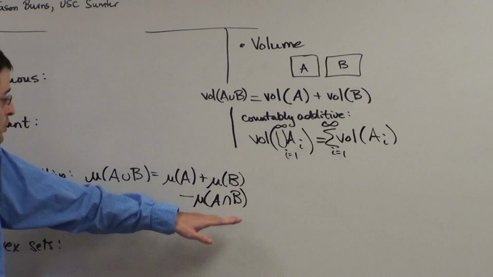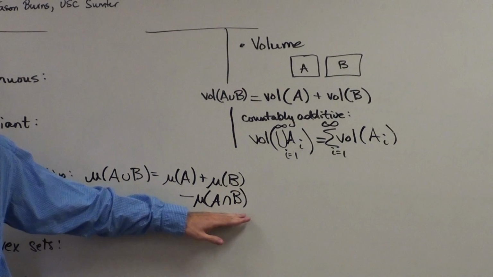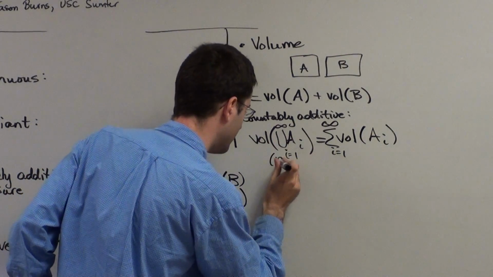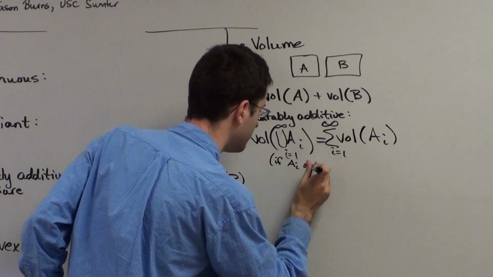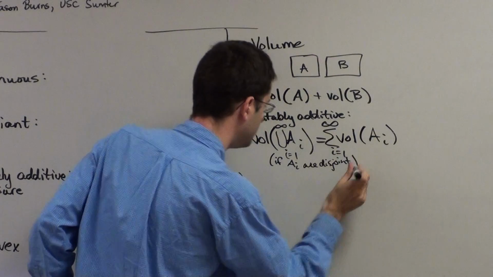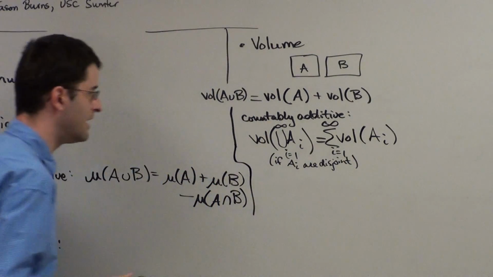And for this, because we really don't want to have to worry about overlap for infinitely many objects, we usually just say disjoint. That's countable.